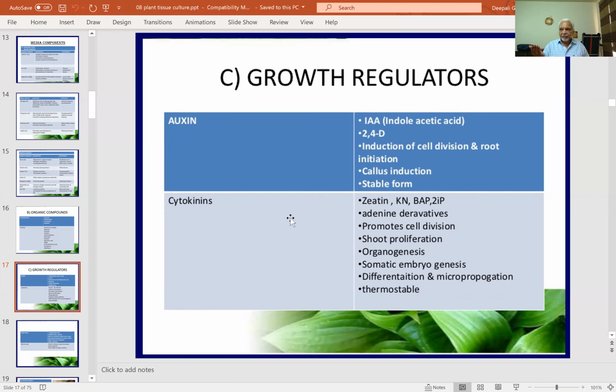So you have naturally occurring auxins and synthetic auxins like 2,4-D, and the cytokinins, which have been used for directing the differentiation towards either callus formation, root formation, or shoot formation.